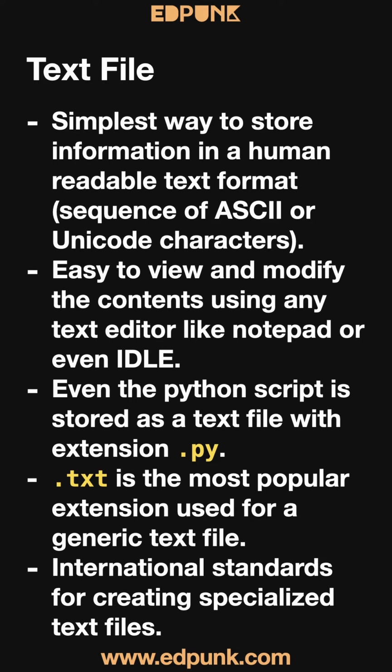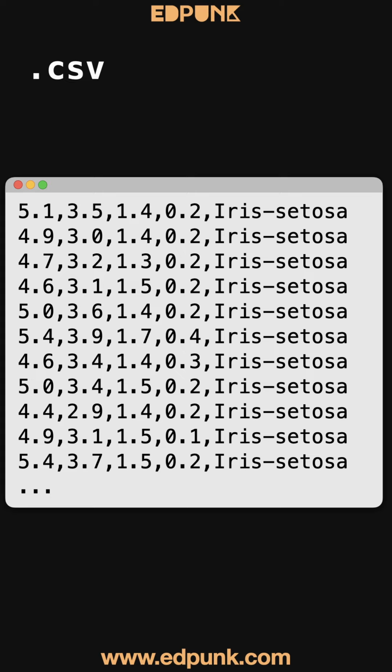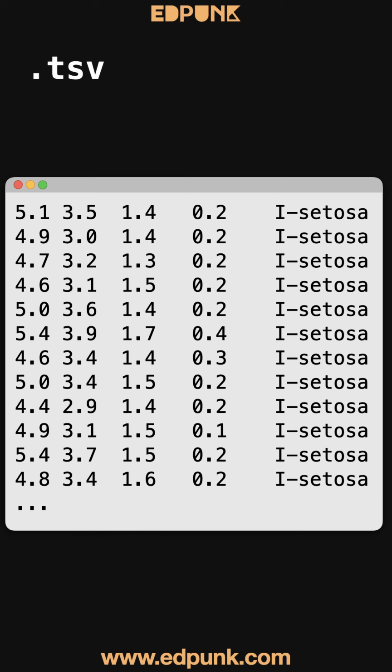Although text files do not have any structure, there are international standards defining some rules for creating specialized text files like CSV files, which have the extension .csv. This is the most popular data exchange format where each row is a set of comma-separated values. TSV files, which are similar to CSV files, but the values are separated by tabs instead of commas.